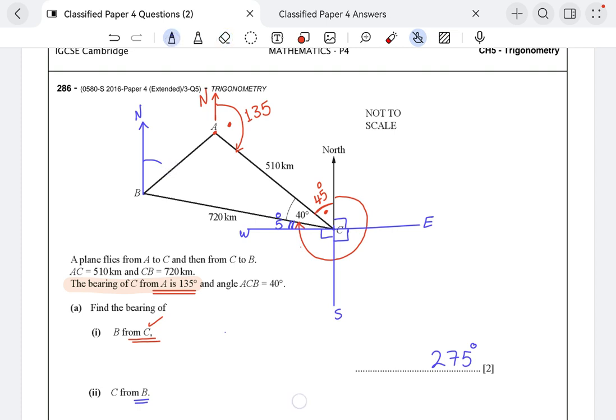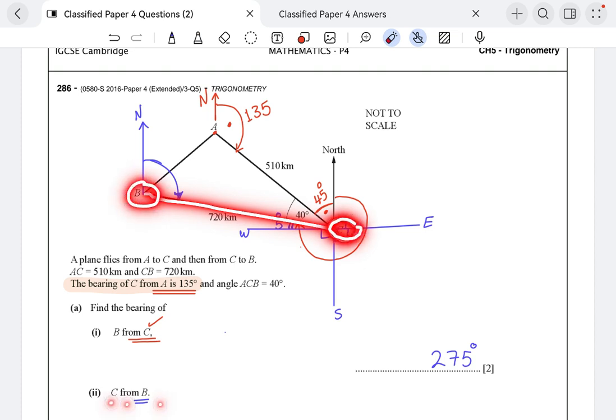I have to continue clockwise until here. If you look at it, we end up with this line. This path takes us to the point C. So this is called the bearing of C from B.